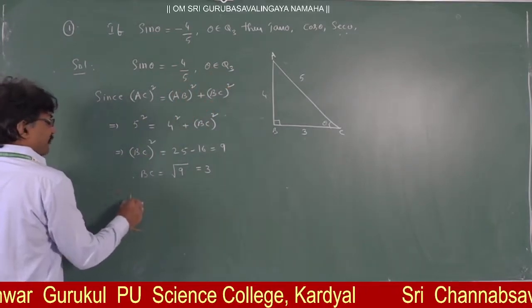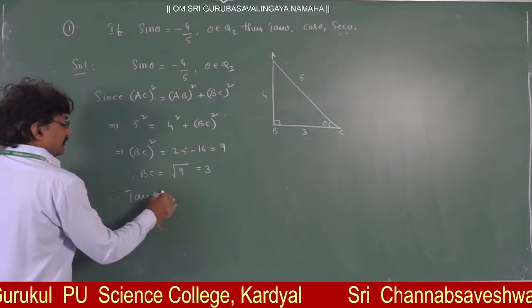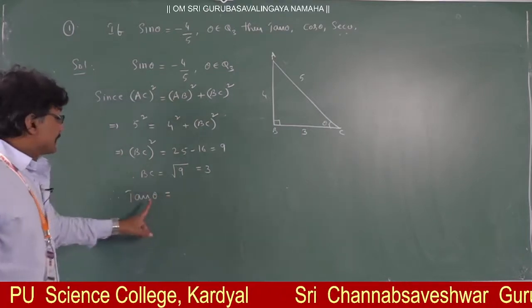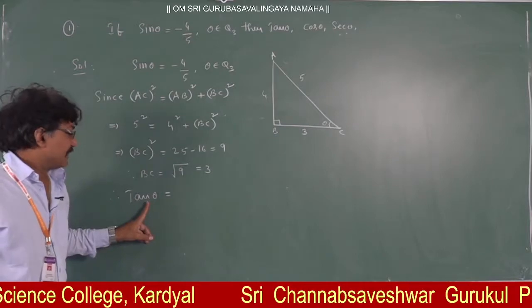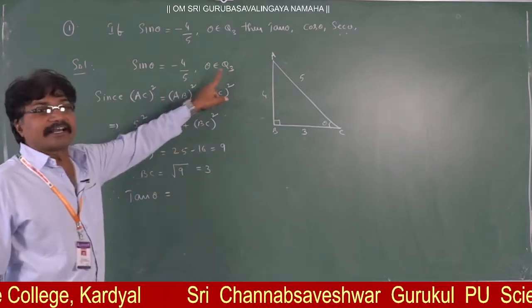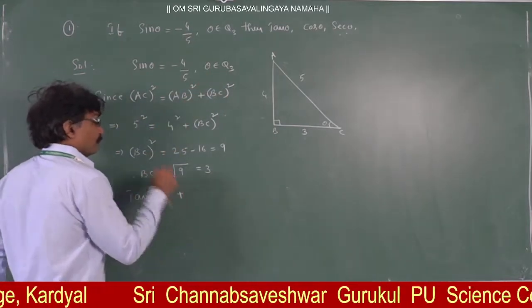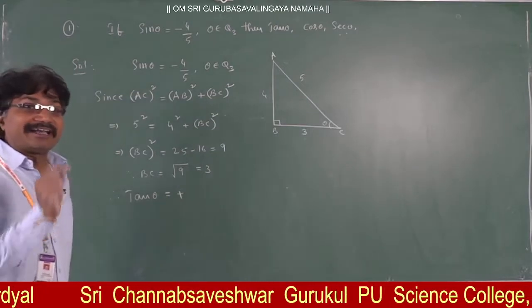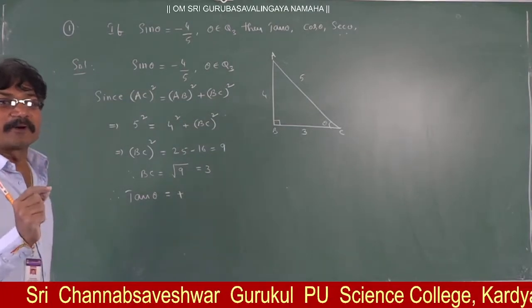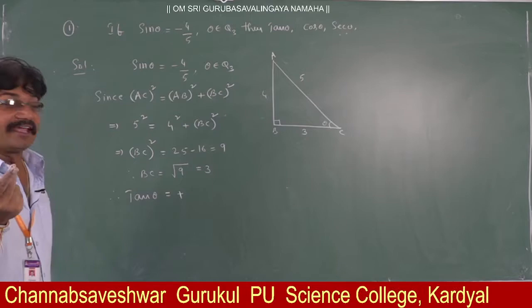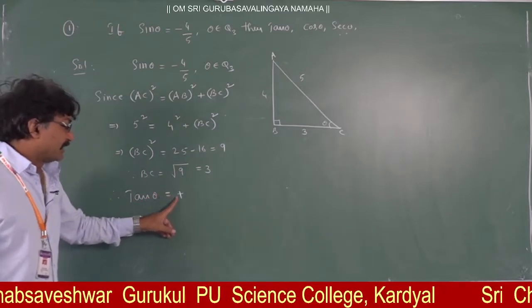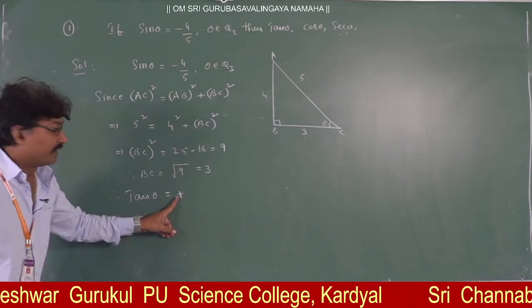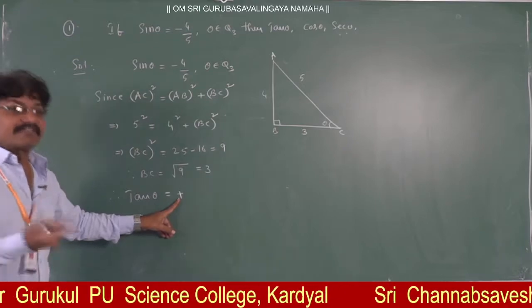Now, what is the value of tan theta? Yesterday already explained: tan theta is positive in the third quadrant, because in the third quadrant, tan and cot are positive. The remaining are all negative. So first the symbol, then the value.